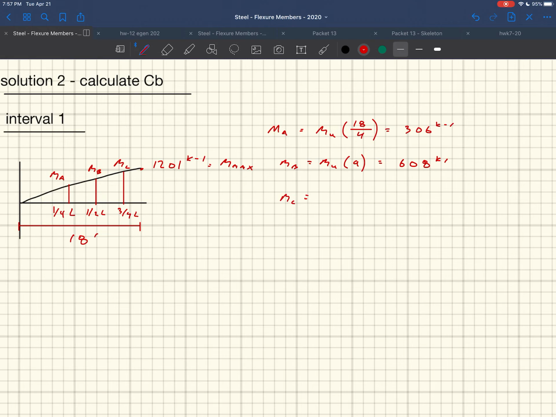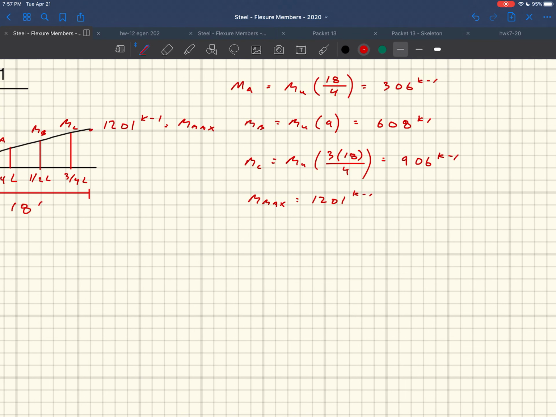MC would be equal to MU of 3/4 of 18 feet, and it shows that this ends up being 906. Okay, and then M max is 1201. So those are all the values that you would need for going into that equation for CB.